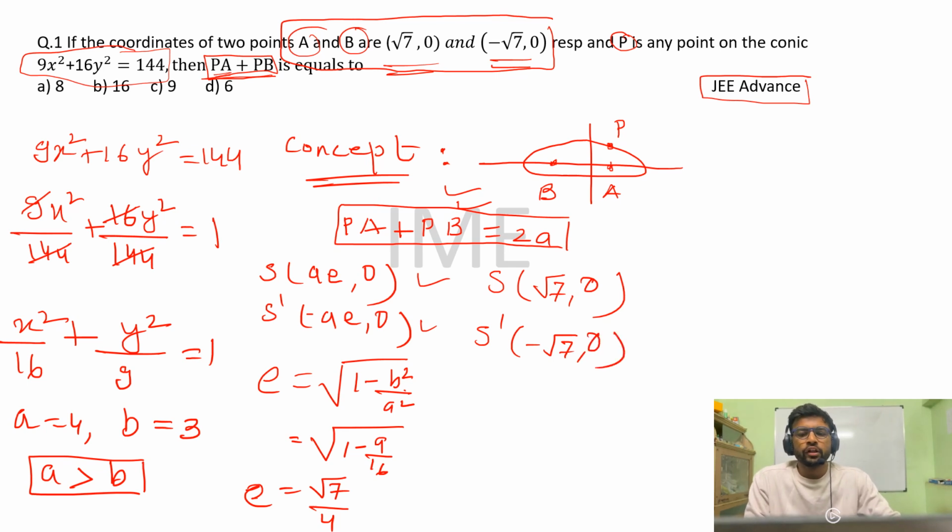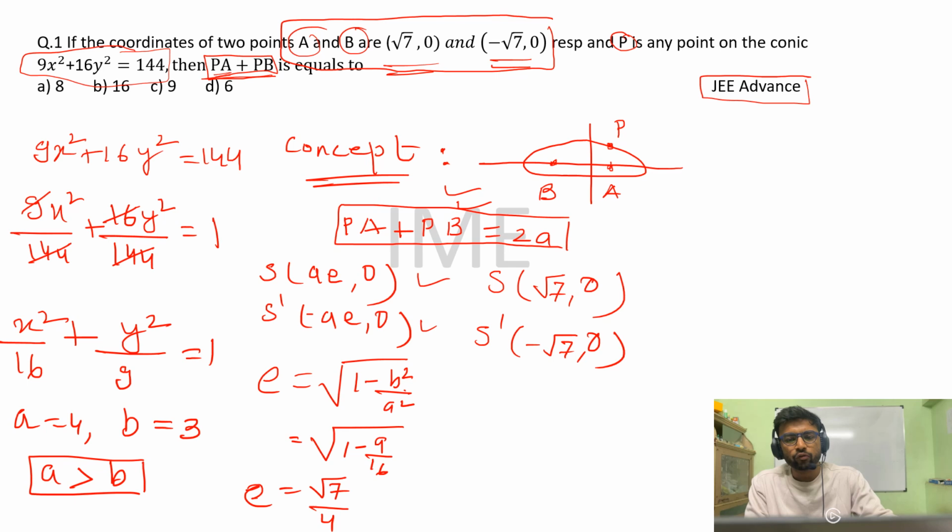So now we have two foci of the given ellipse, and these coordinates of foci are the same as the given 2 points A and B. It means A and B are the foci of the given ellipse.